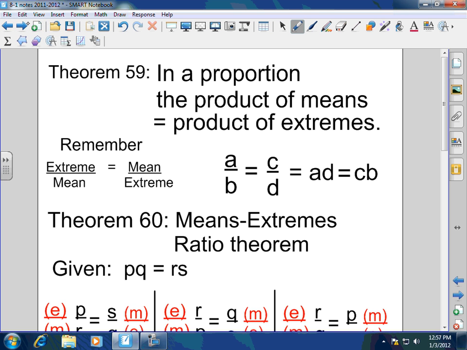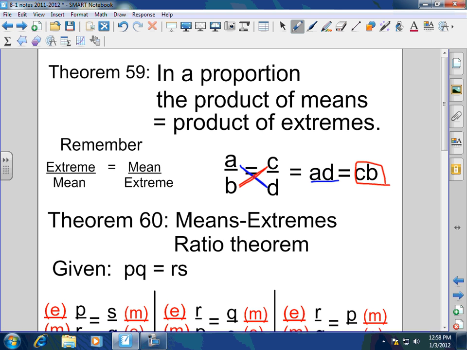So you have a proportion if and only if the product of the extremes equals the product of the means. So if the product of the extremes equals the product of the means, you have a proportion.